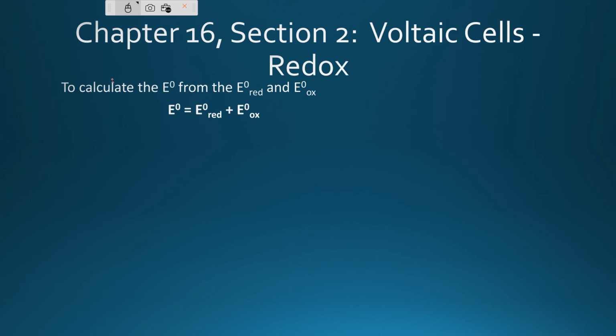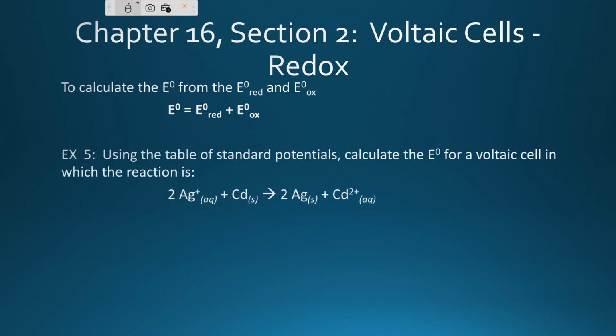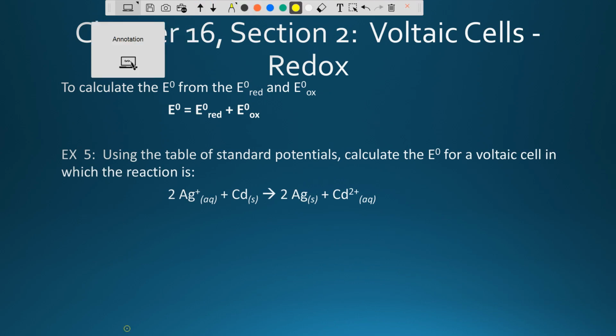The sum, the ending part I should say, of the entire electrical current is the voltage from your reducing agent plus your voltage from your oxidizing agent. So let's take a look at a scenario from this. I'll just refer to the chart rather than bring it up again. You'll have that at your hands along the way.